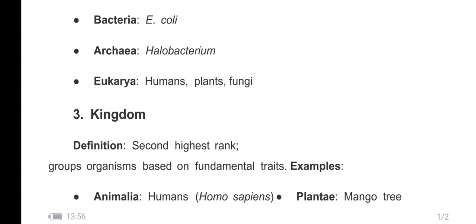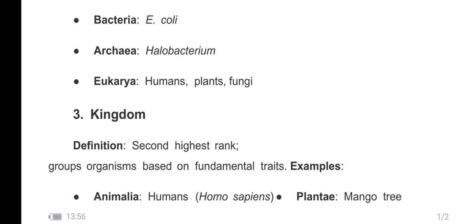Under Eukarya, we might have organisms such as humans, generally animals, and plants, and fungi, which form their own more like group.